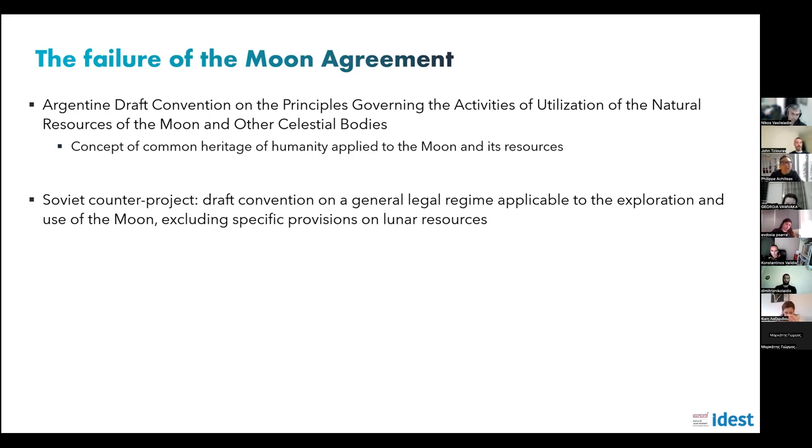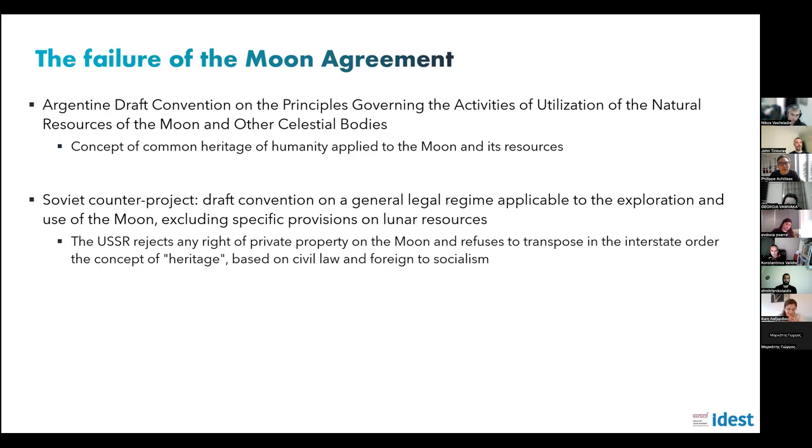In fact, the position of the USSR was against any right of property on the Moon and on the resources of the Moon. And the USSR refused at that time to transpose the concept of heritage into international law, considering that the concept of heritage is based on civil law and is foreign to socialism and the socialist approach to international relations.